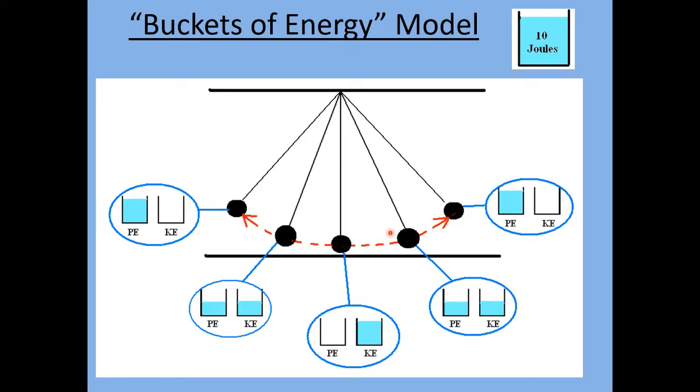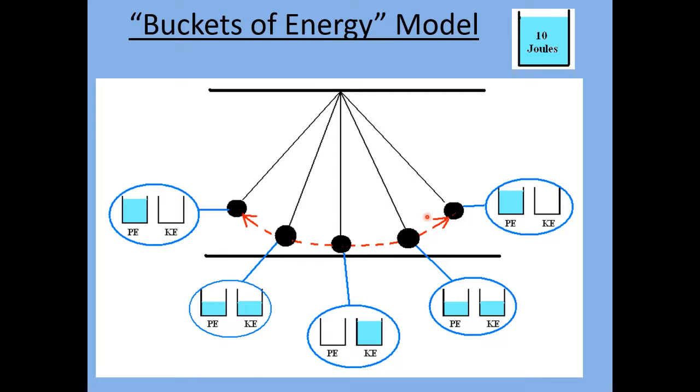Well, the answer is no, we're not violating it, because what's happening here is there are some loss mechanisms, including friction, the string might be rubbing up here, and mostly wind resistance or drag. And what drag does is it transfers energy from the pendulum into the air around it.